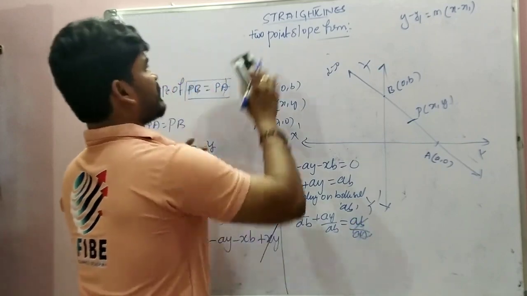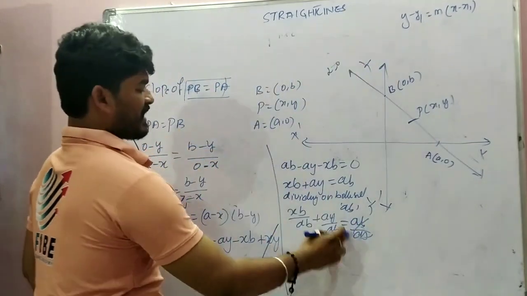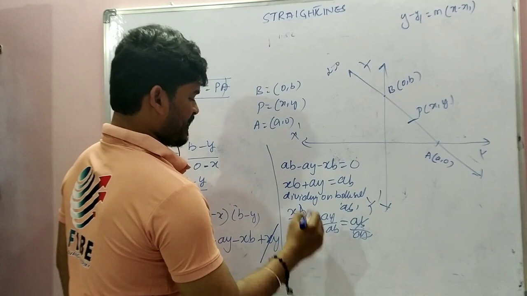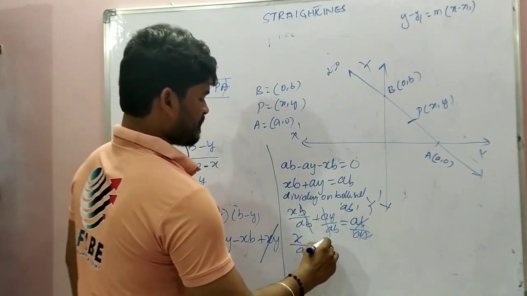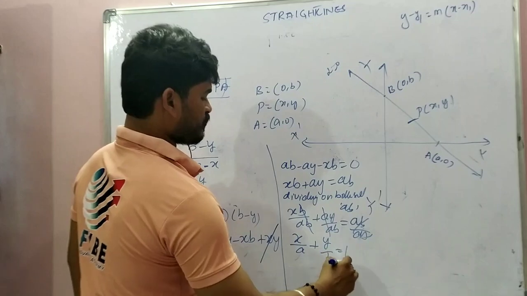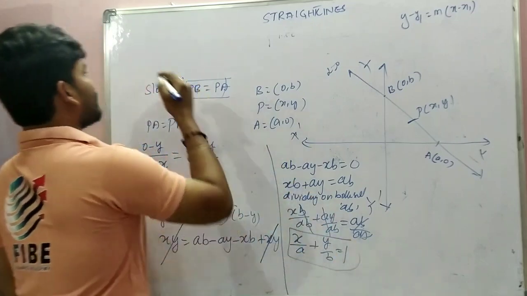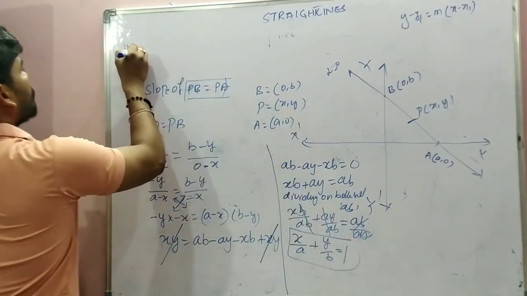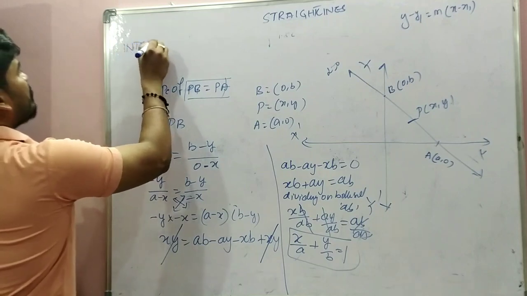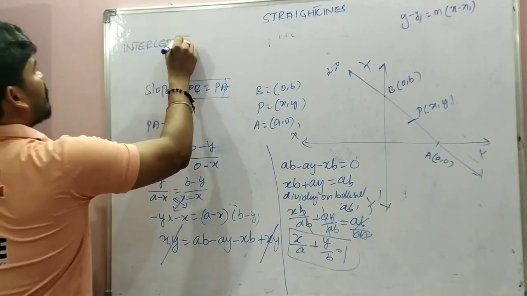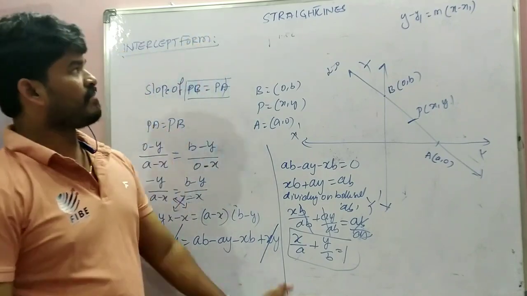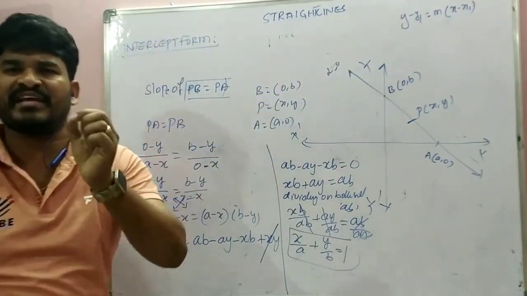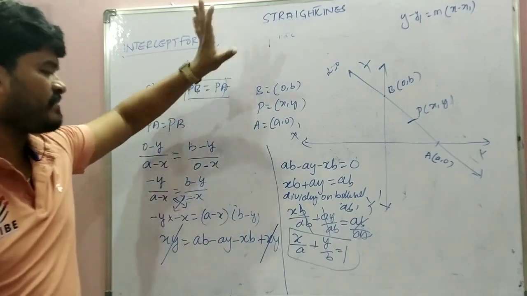Therefore b cancels, a cancels, and we get x by a plus y by b equals 1. This is the intercept form of the straight line. This is a very important topic in straight lines.